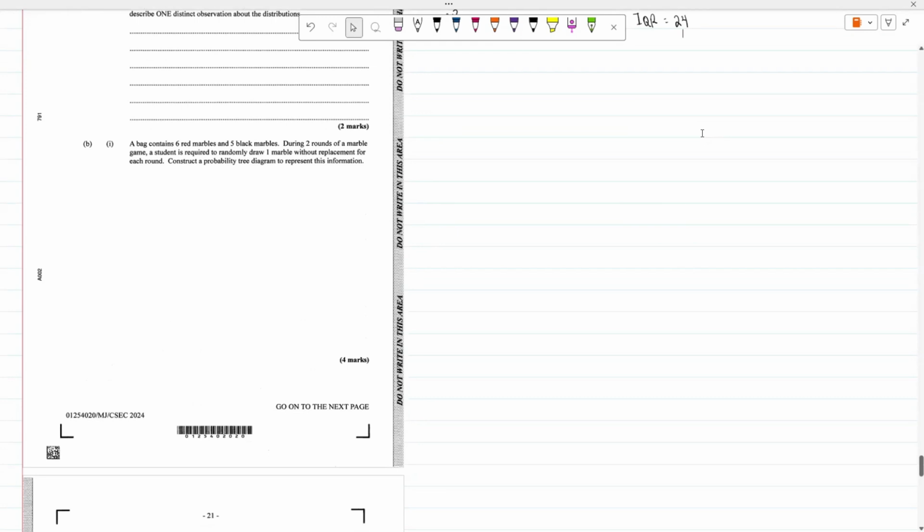A bag contains 6 red marbles and 5 black marbles. During 2 rounds of a marble game, a student is required to randomly draw 1 marble without replacement for each round. Construct a probability tree diagram to represent this information. So we have, at the beginning, picking a marble.